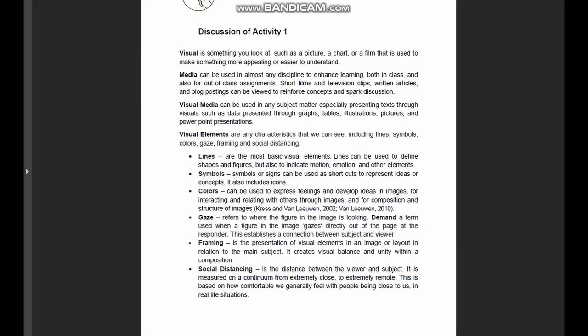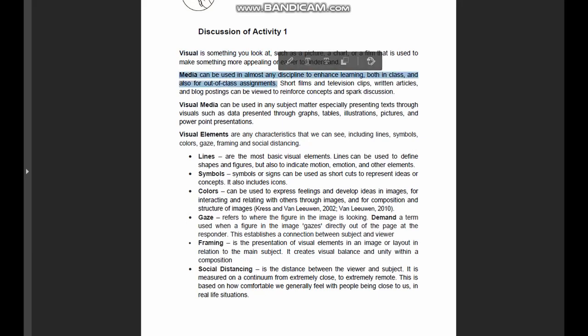Okay, let's have our review. When we say visual, it is something you look at, such as a picture. Okay? Lahat ng iyong tinitignan na picture or lahat ng nakikita mo is a visual. Next, media can be used in almost any discipline to enhance learning.